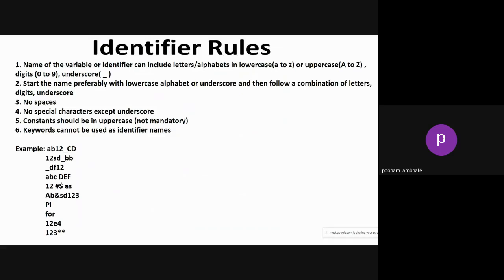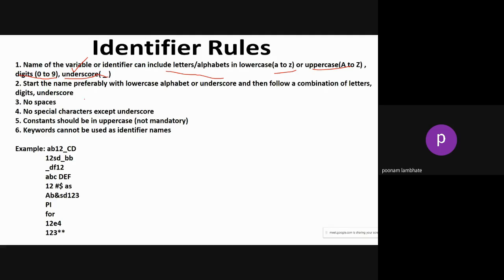Now identifier rules. We have already studied, I'll just revise these rules. Name of the variable or identifier should include letters, alphabets, lowercase, uppercase. Lowercase means small, a to z. Uppercase means big, A to Z. Then digits from 0 to 9 and their combinations. And underscore is the only special character that is allowed in a variable or function name.